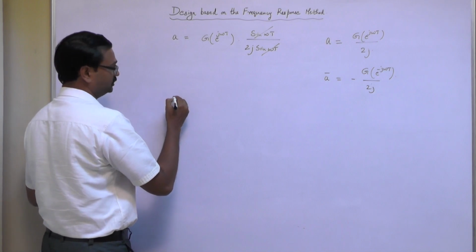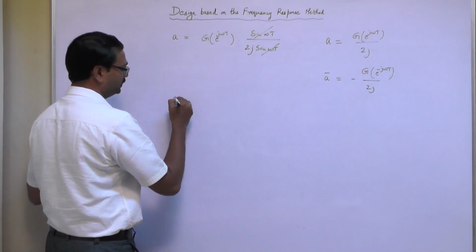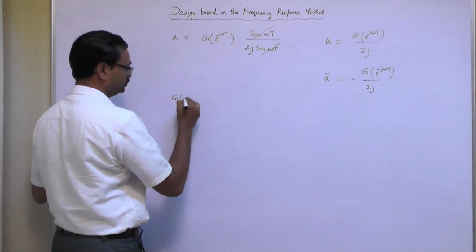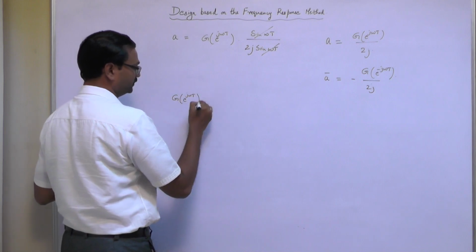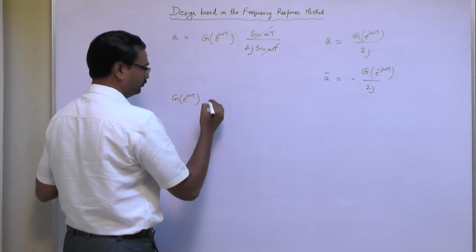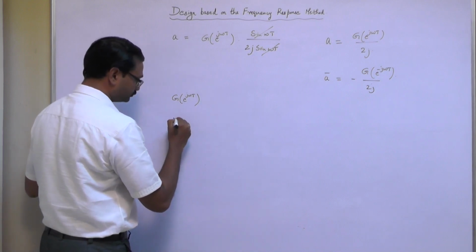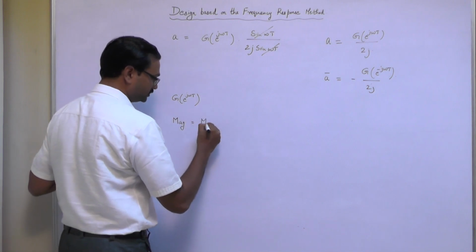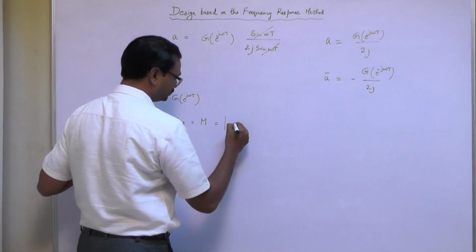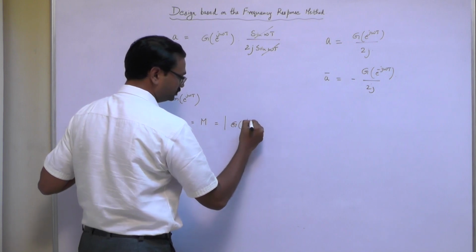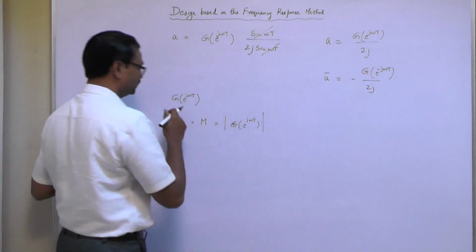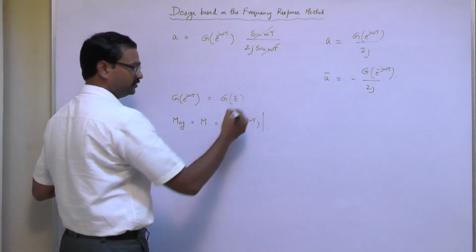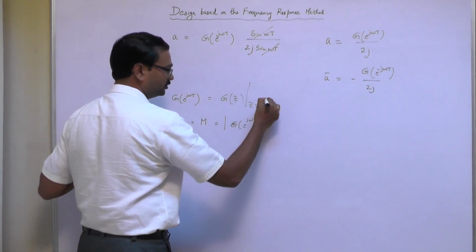Right. So when we have this, what is the equation that we are going to get? Let us discuss G(e^{jωT}). M is the magnitude, given by M equal to the modulus of G(e^{jωT}), because G(e^{jωT}) is nothing but the stable plant which we have considered when z is equal to e^{jωT}.